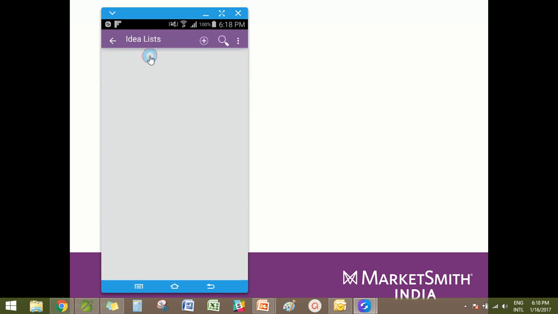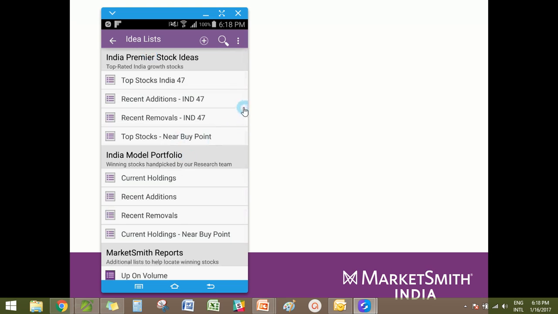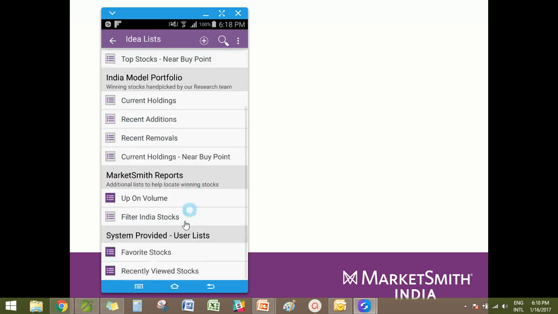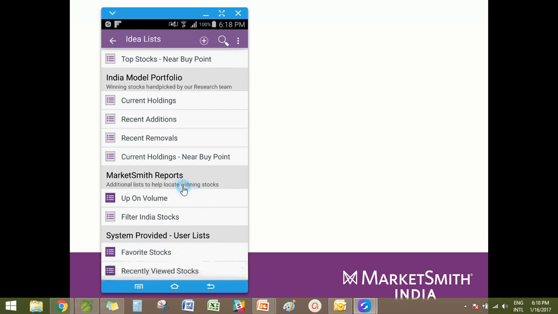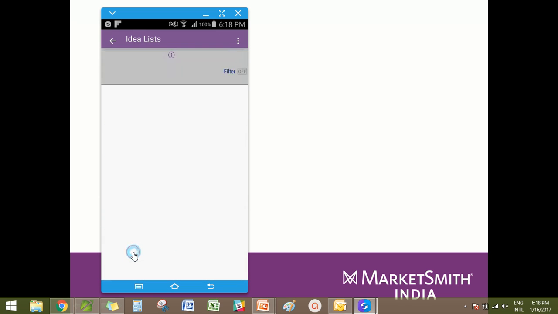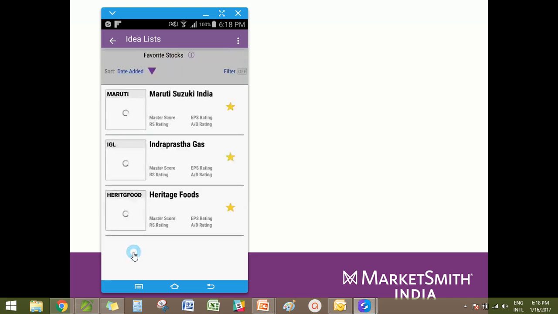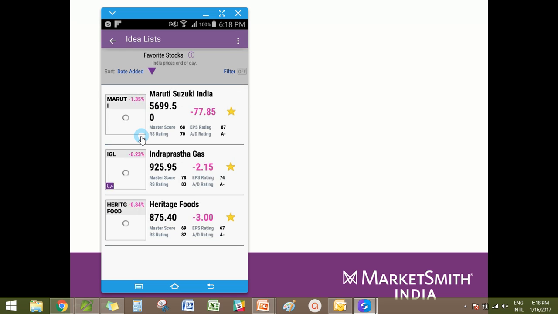So I would just go to my idea list, and once I do that, tap the favorite stocks button and I'll have a list of all my favorite stocks, and it'll be easy for me to quickly run through what my favorite stocks are up to, and you can create a lot more lists.